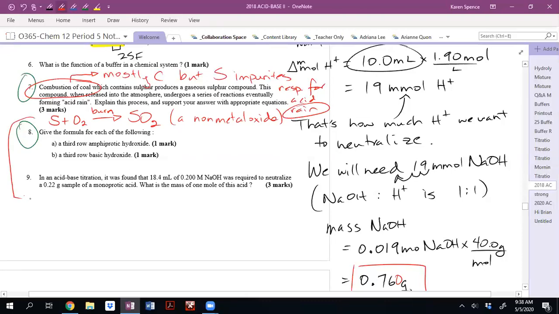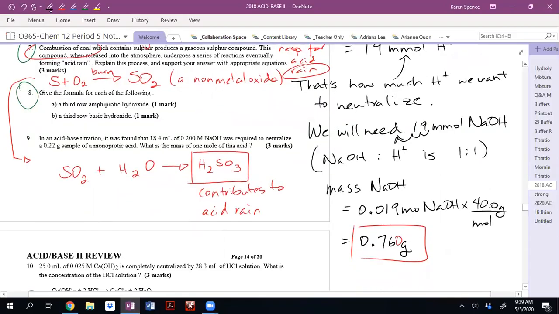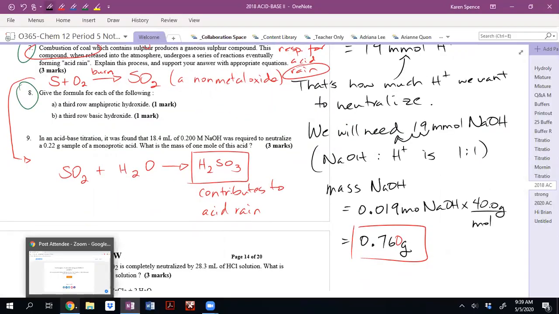So we can say that our SO2 then will react with water to produce H2SO3, which is one of the contributors to acid rain. Okay, that could probably get you most of your credit there if you wanted to be doubly sure.